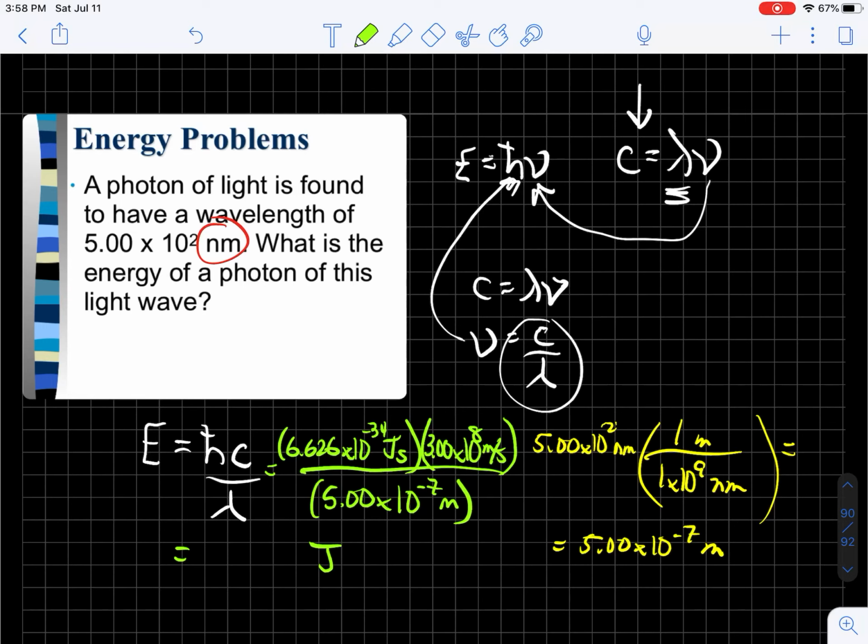Kind of shows that I'm doing it right. 6.626 exponential negative 34 times 3.00 exponential 8 divided by 5.00 exponential negative 7. And I get 3.98 times 10 to the minus 19 joules.